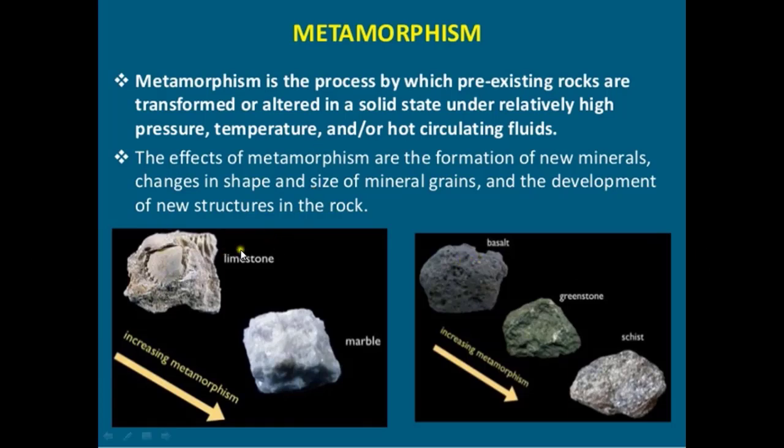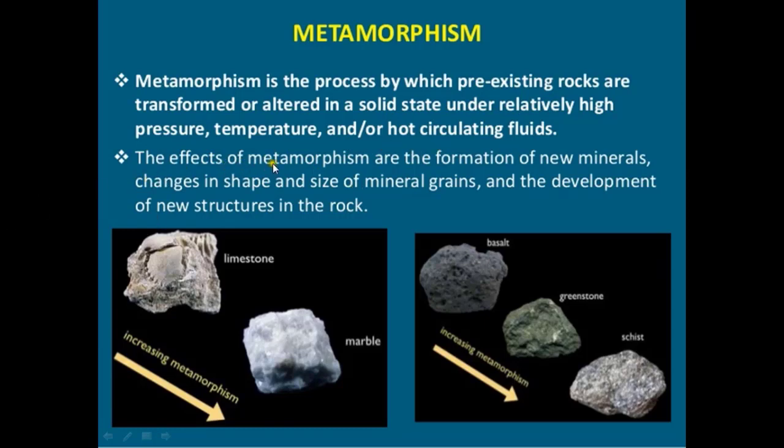The process of metamorphism. Metamorphism is the process by which pre-existing rocks, meaning rocks which are already existing, are transformed or altered in the solid state under relatively high pressure, temperature and or heat circulating fluids.